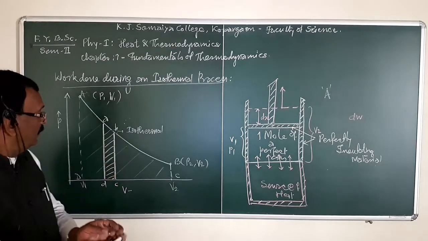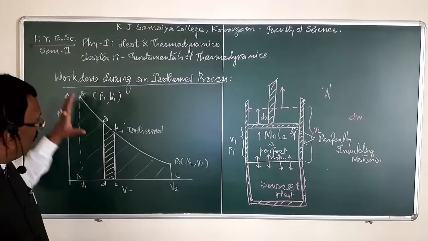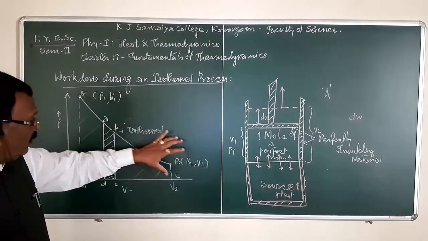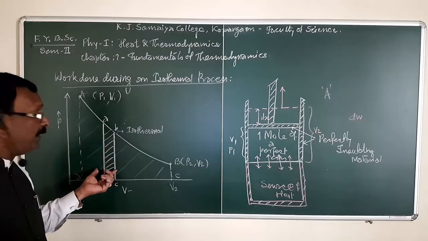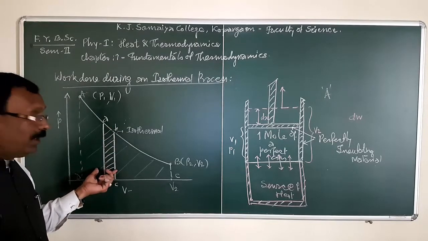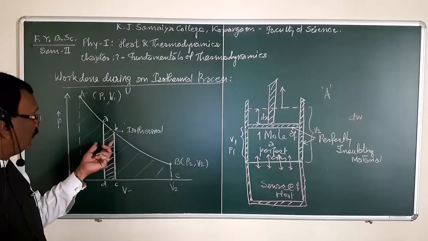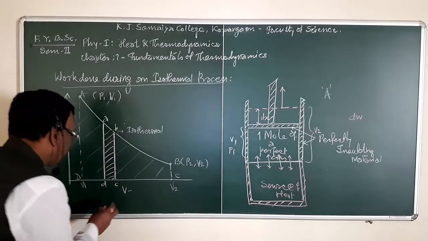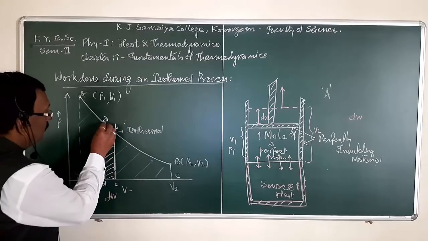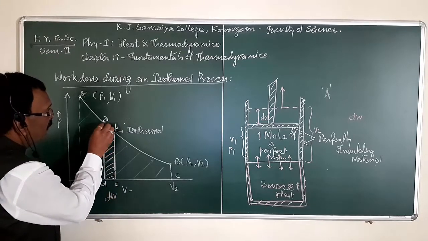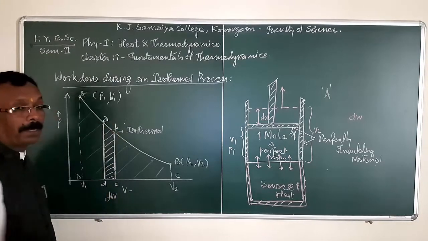In order to calculate the work done for a finite change, first of all we consider a strip only, and for this strip we calculate the work done. dW is the work done when the state of the system changes from A to B.